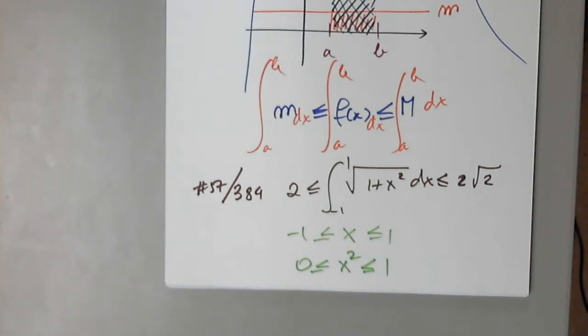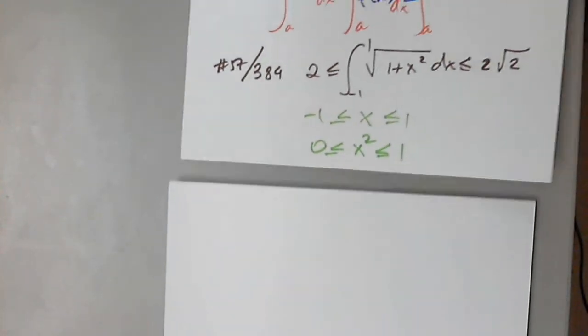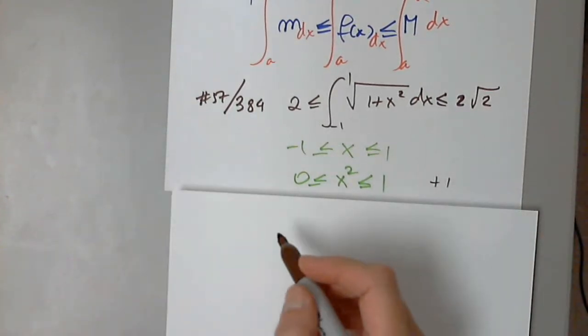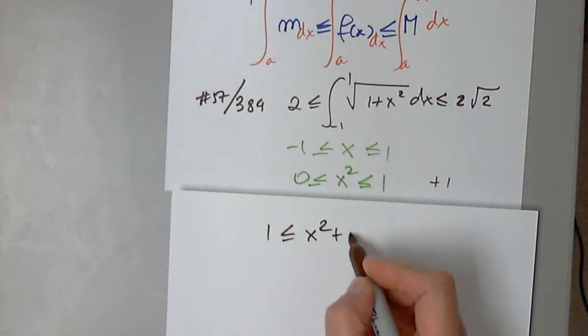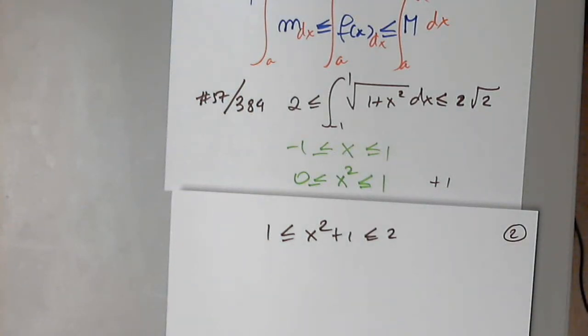What will be my next step? After building or getting x squared in the middle, what should I do next? Yes, add 1 to all three sides. 1 less than or equal to x squared plus 1 less than or equal to 2. Excellent. So now I have built x squared plus 1 in the middle. But that's not good enough.